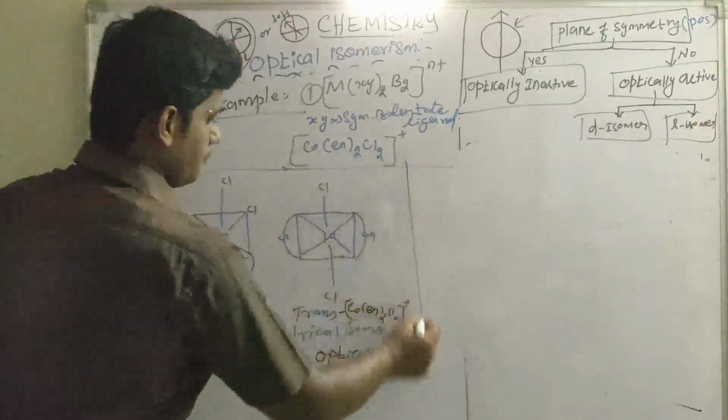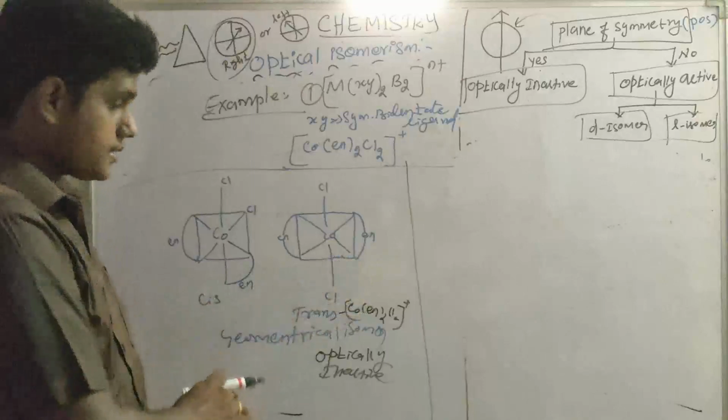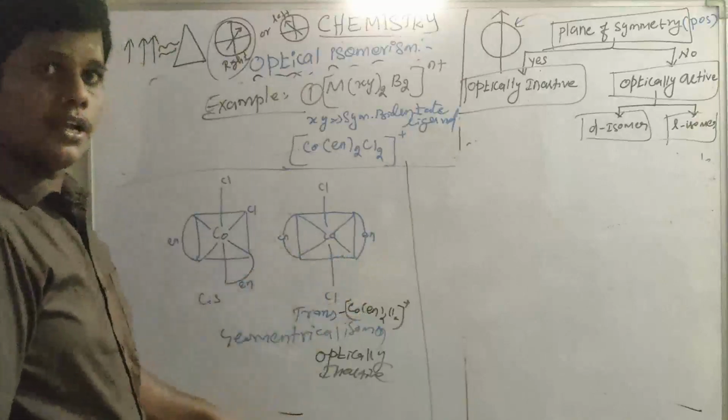Okay. Now for the cis isomer, a total of 3 isomeric forms are present. The trans isomer is optically inactive because its mirror image is the same. If we put the mirror here and take the mirror image, we get the same image.